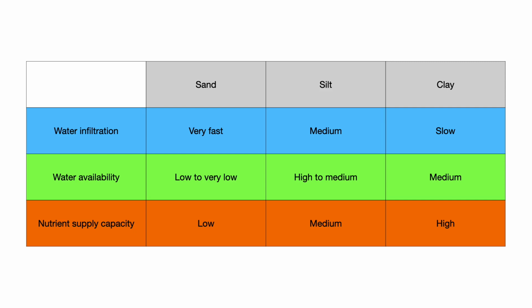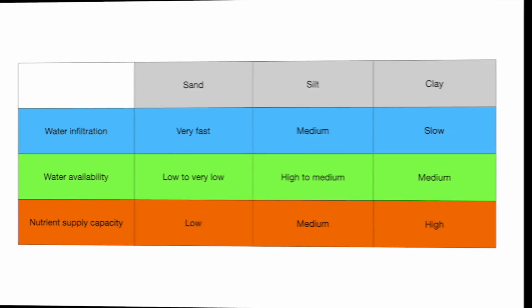And from a nutrient supply capacity, because the water stays in the clay very readily, the nutrients don't leach outside of the soil. They stay in the soil. Hence we've got a high nutrient supply capacity for the plants in a clay soil.